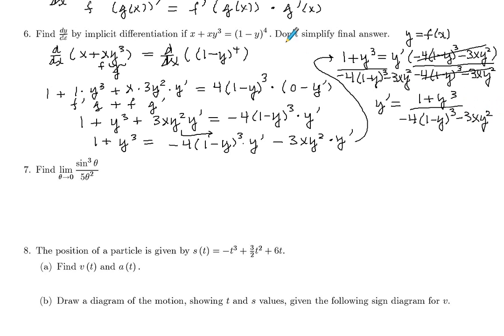Okay, don't simplify. We've solved for y prime. There's still some y's on the right hand side. That's okay. We've got our y prime all by itself on one side. We're done. For a test, we're done.